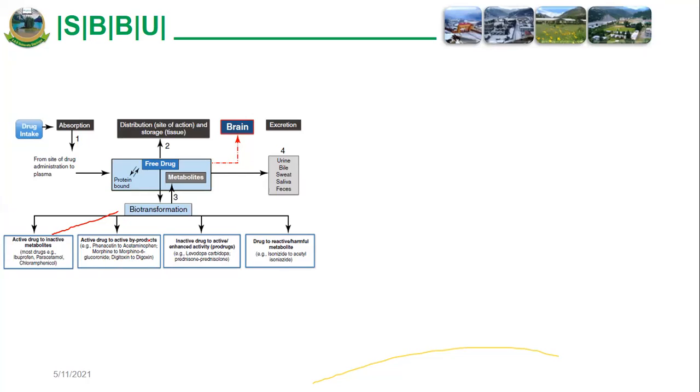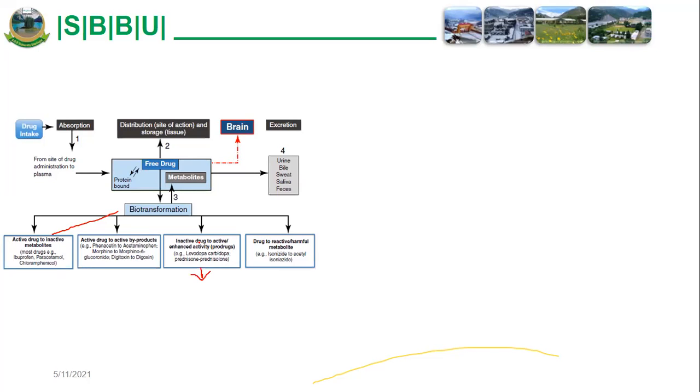Again, these are active. Then inactive drug to active, enhanced activity products, like levodopa to dopamine, prednisone to prednisolone. So these are examples of prodrugs.